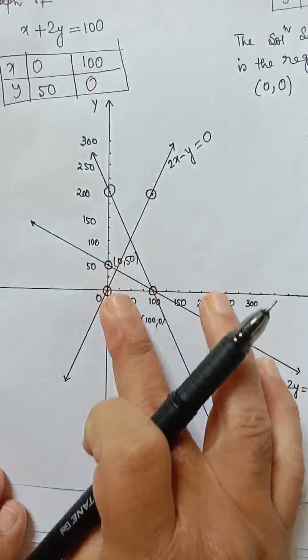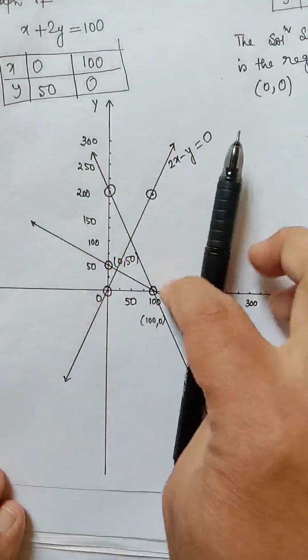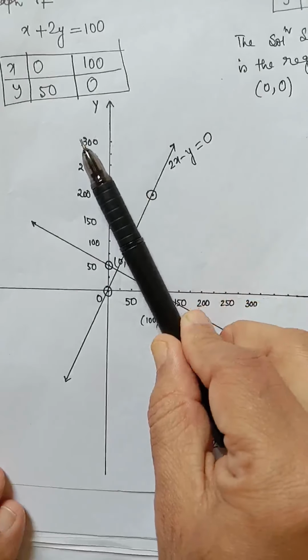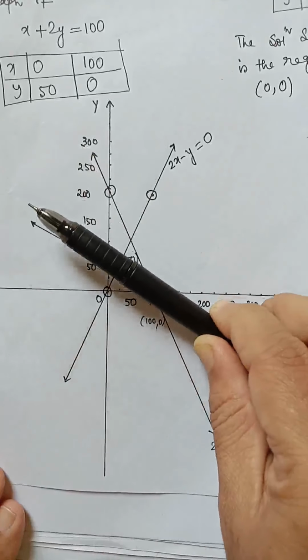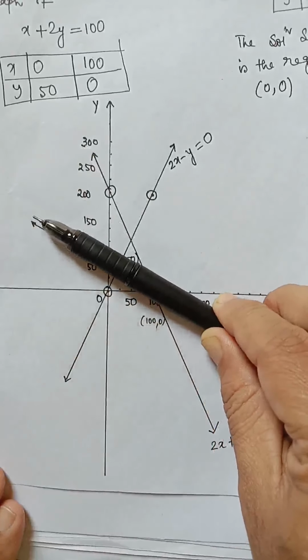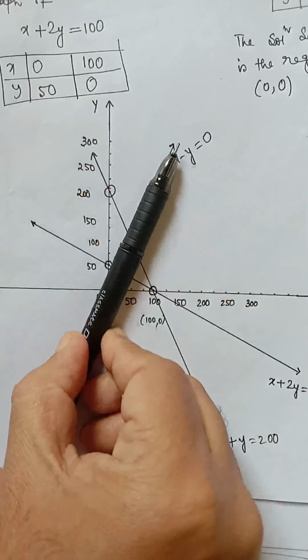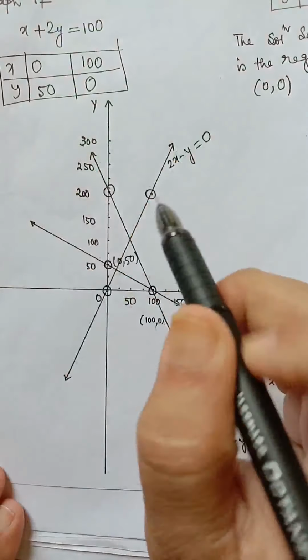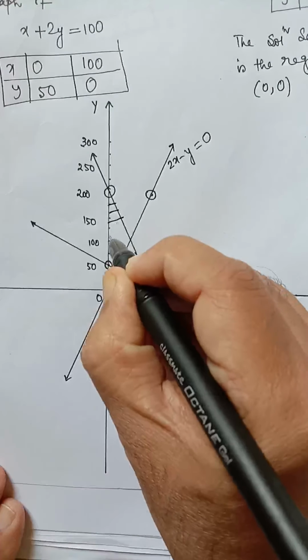We have to find the solution set in the first quadrant. So first, for this line, the solution set is in the lower part. For this straight line, the solution set is in the upper part, and for this line the solution set is also in the upper part. So the common feasible region will be this.